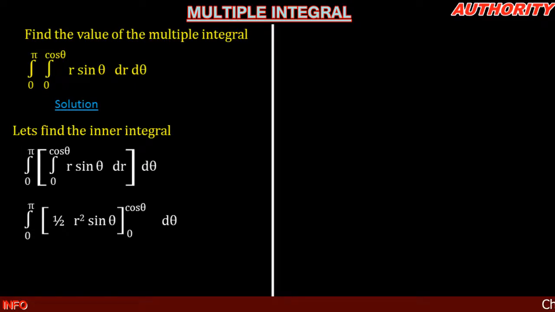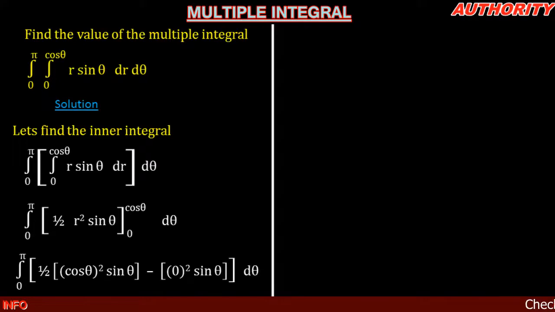Now let's place in the upper bound and the lower bound. In place of r squared we put cos theta, so we have cos theta squared sine theta, minus 0 squared sine theta, and 0 squared times sine theta is 0. So we have cos squared theta sine theta.